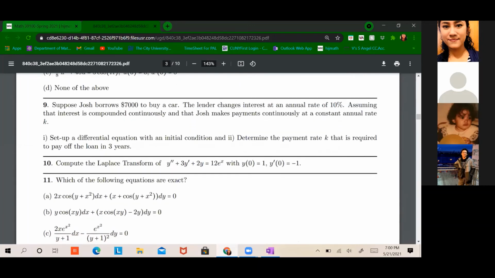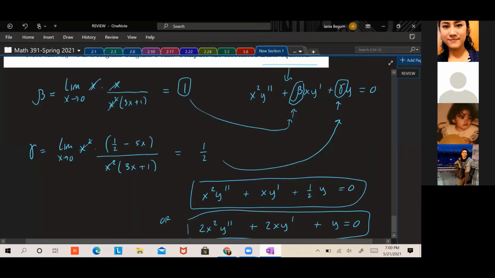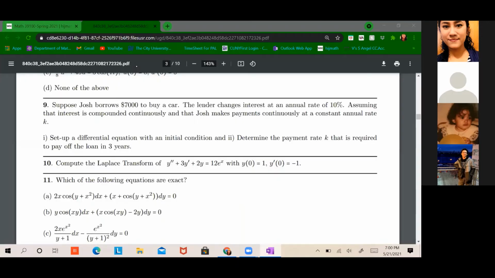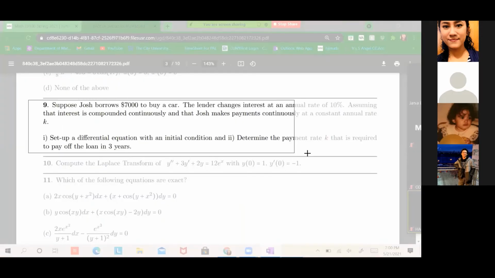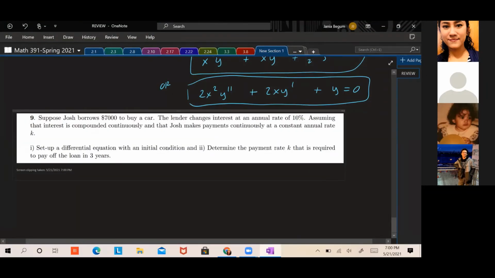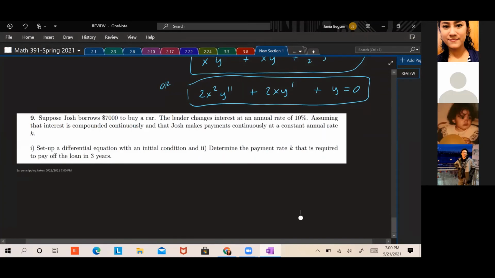Okay, let's suppose Josh wants to borrow $7,000 to buy a car. Awesome. So let's buy a car. I'll just set it up, and then I'm sure you guys can solve it. So 7,000, which component is that?